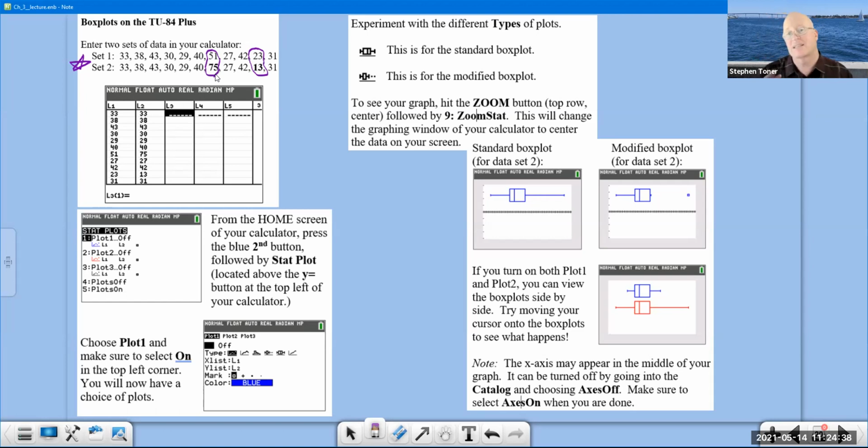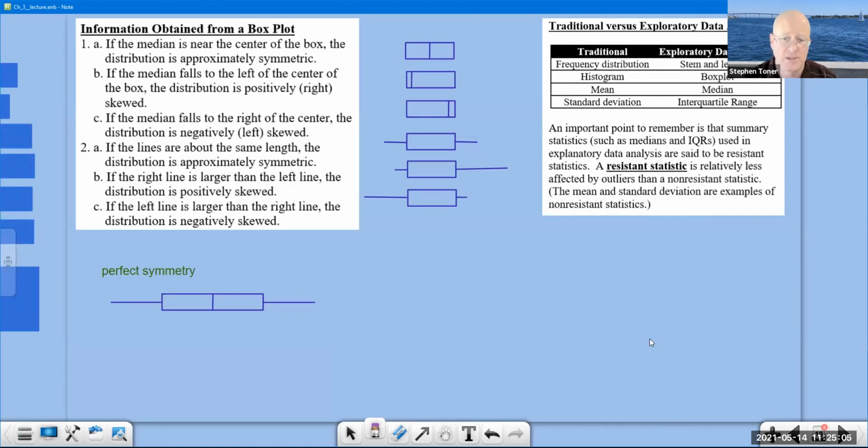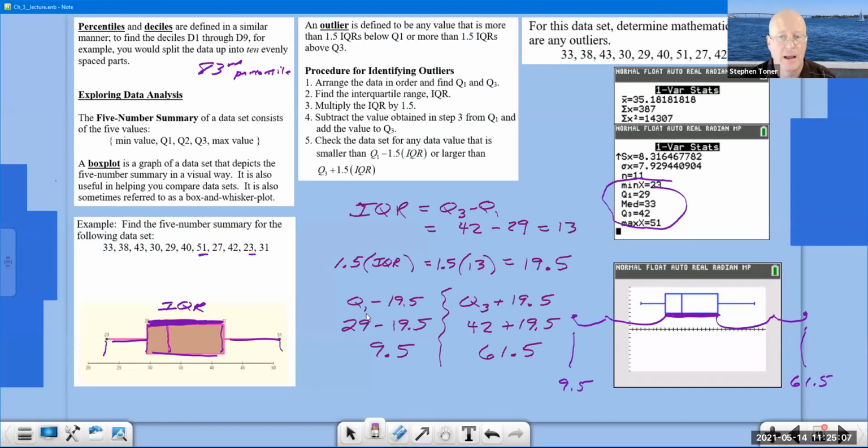Now, if I just ask you a yes or no question, is there an outlier in your data set? You can just go look at this graph right here. Maybe I'll say yes or no, and if so, what is it? Well, then you'd say it is 75. However, if I want you to show me that you have a little bit more understanding, I could ask you, going back 2 screens here, what are the boundaries beyond which you have outliers?